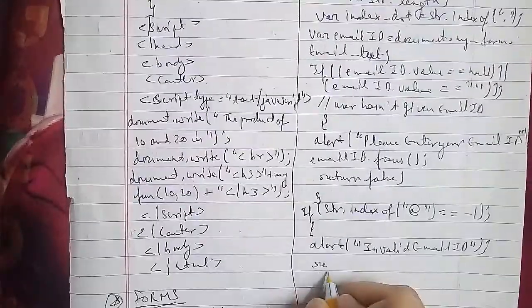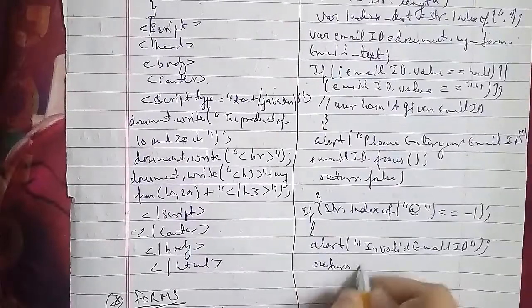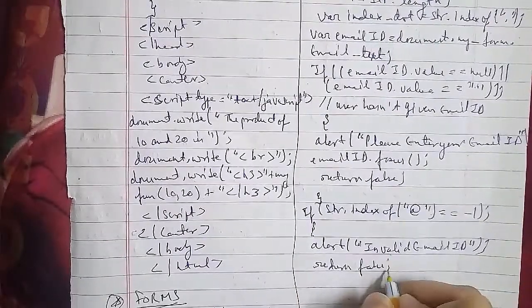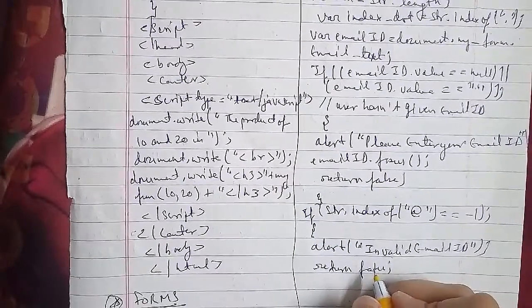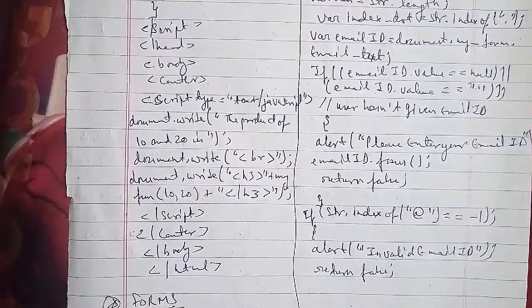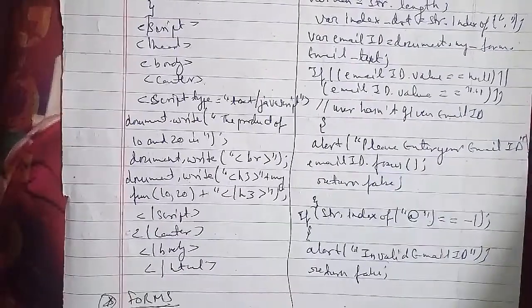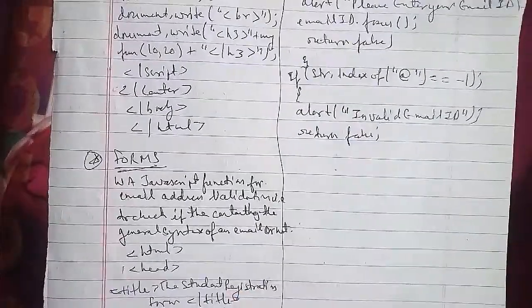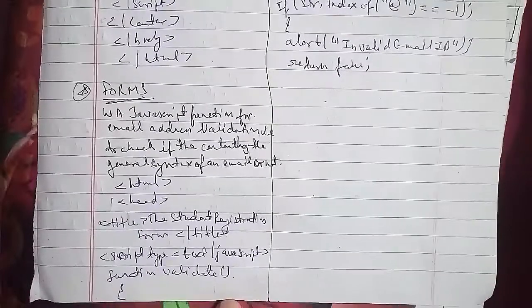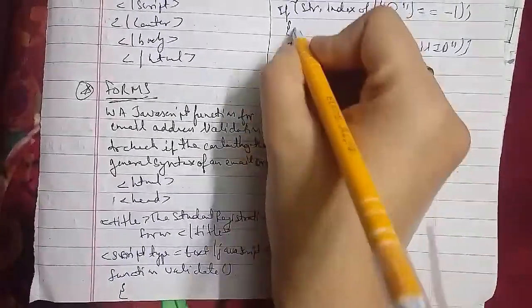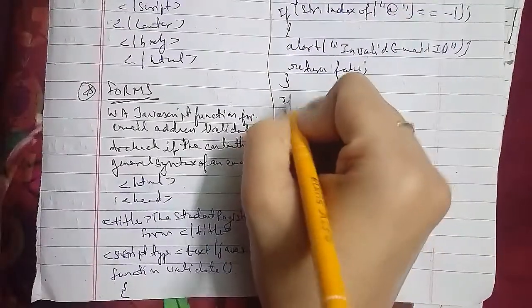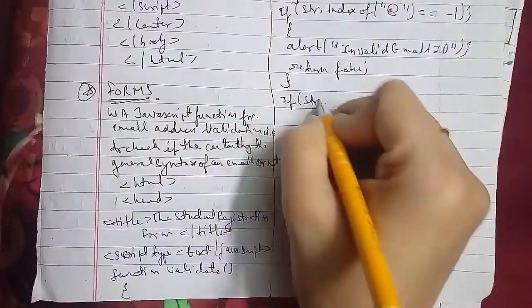Now there is no dot in the email ID, where it will alert invalid email ID. Return false. Then close the curly bracket.